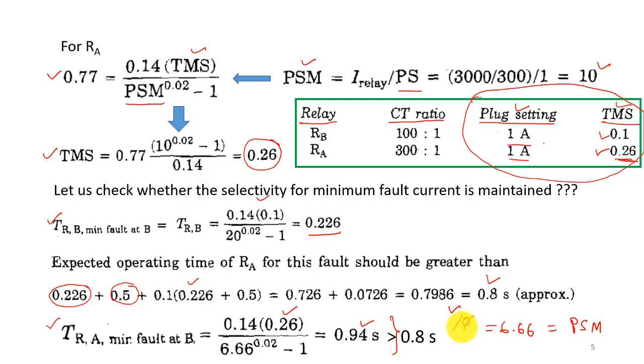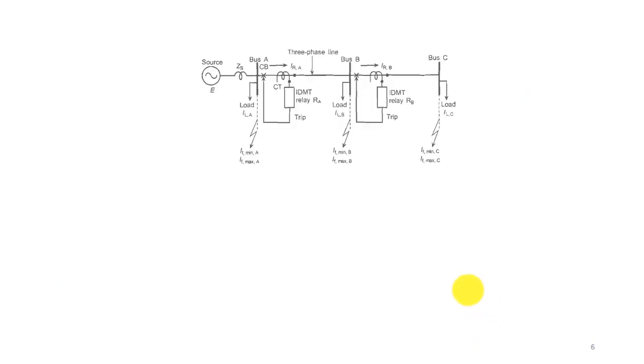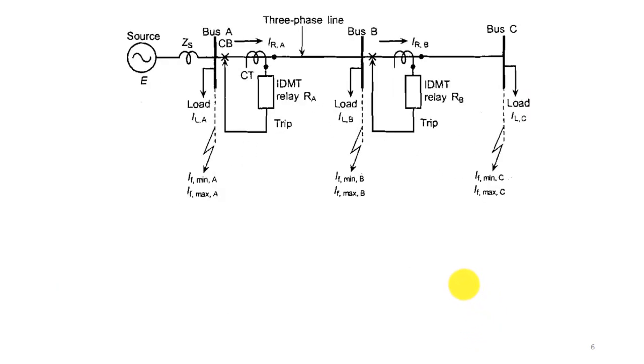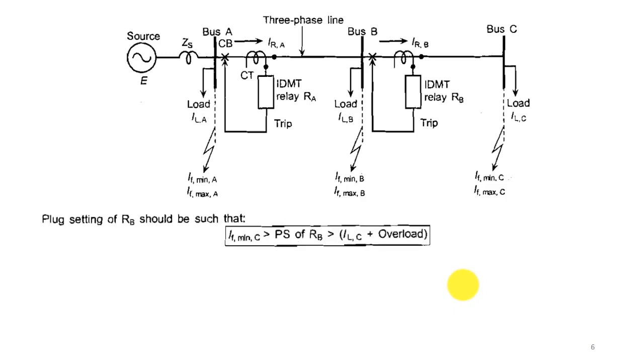Okay, now let us generalize this setting: how we'll find the setting for relays for a radial distribution system which is fed from one end only. Okay, single ended radial distribution feeder.